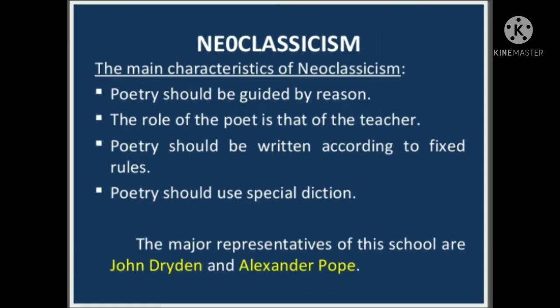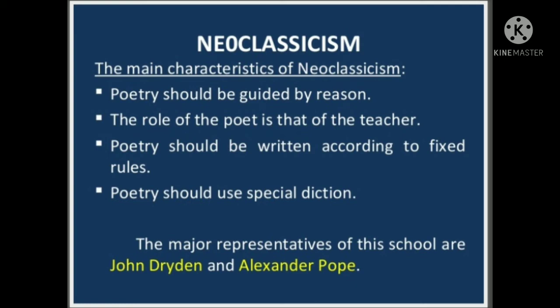Neoclassicism. The main characteristic of neoclassicism is that poetry should be guided by reason, and in this period reason dominates. The role of the poet is that of a teacher, teaching lessons.